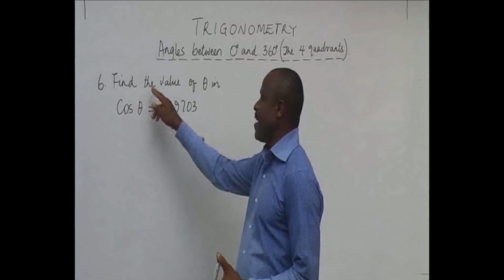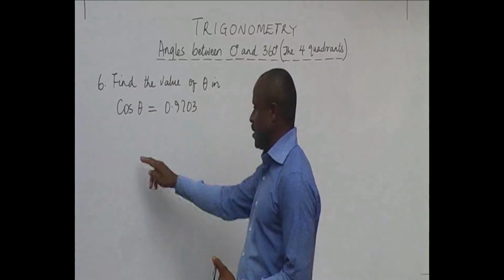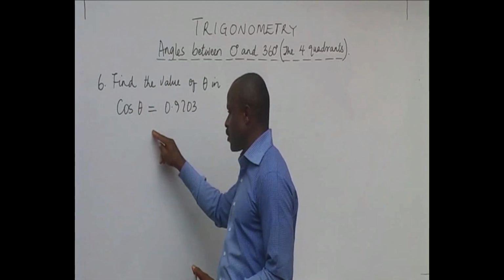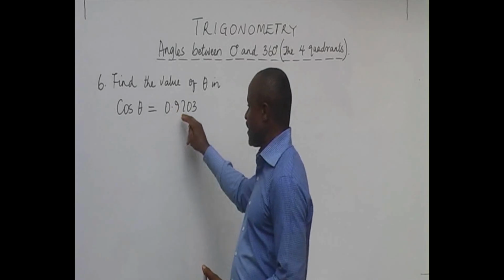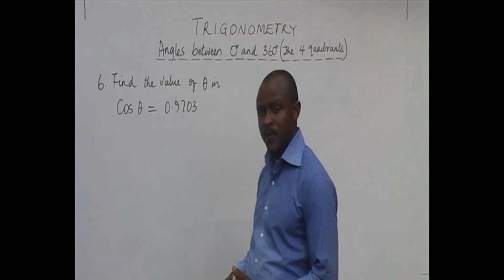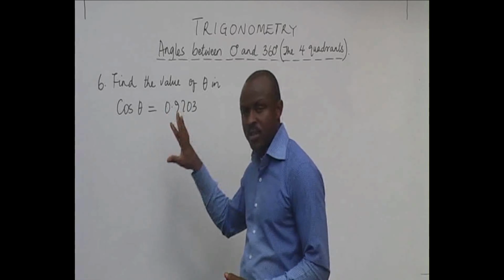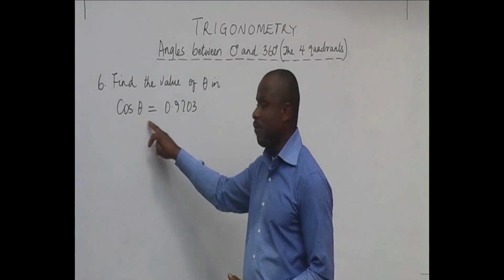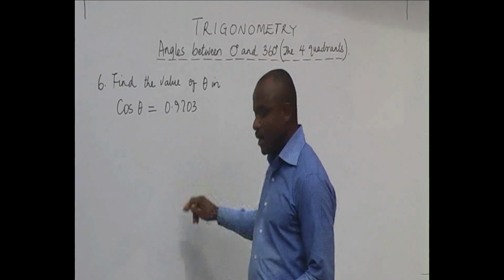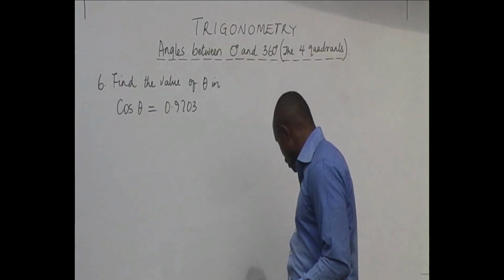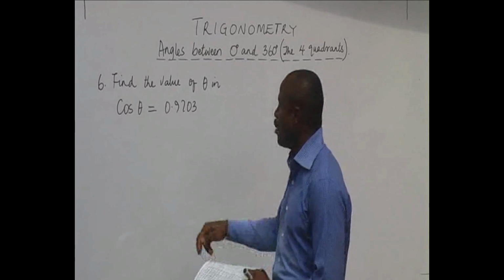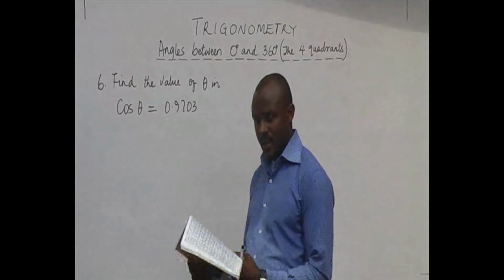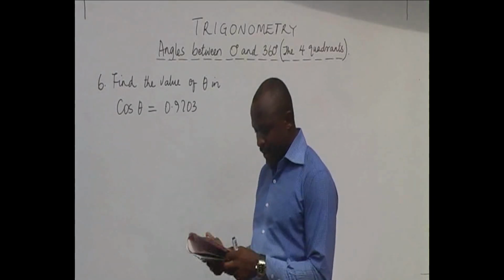It says you should find the value of theta in cosine theta is equal to 0.9703. When you have this type of question, they have given you the value from the four-figure table. Just go to the four-figure table, open the cosines of angles, and look for this number.